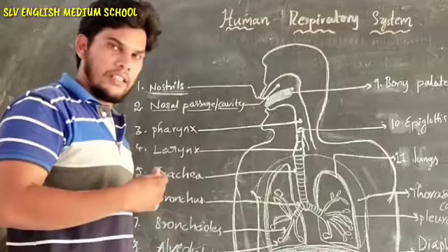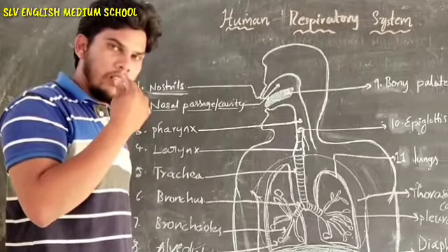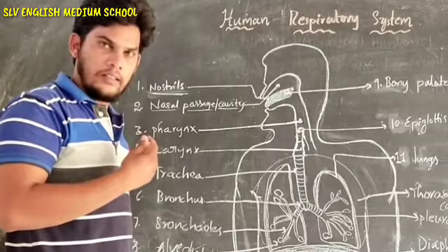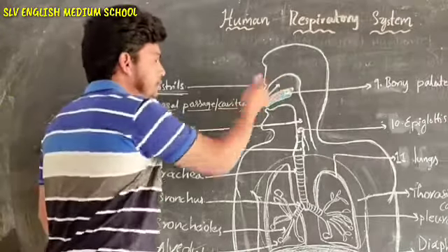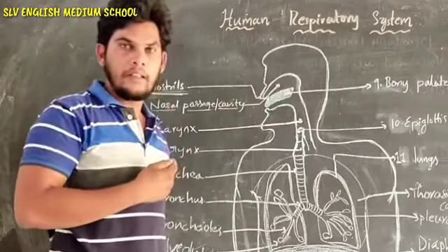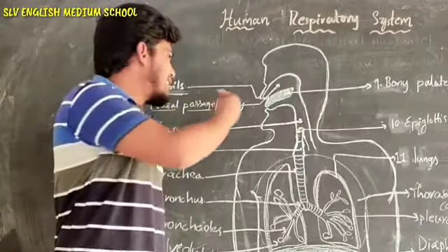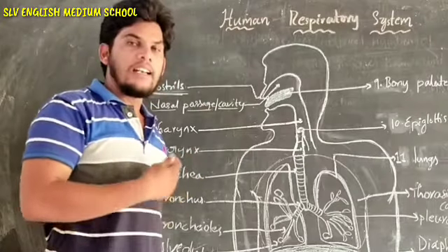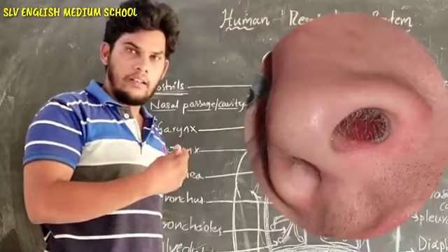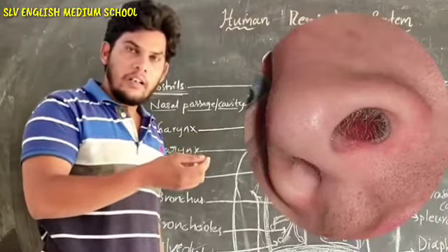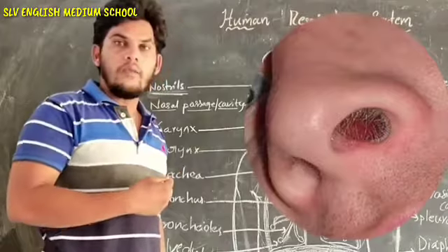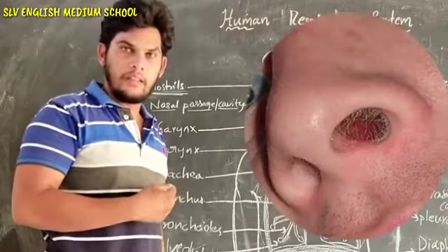At the nasal cavity, the two nostrils are combined together, and this nasal cavity becomes a common passage for these two nostrils. This nasal cavity consists of hair. Some small hairs grow from the walls of the nasal cavity.